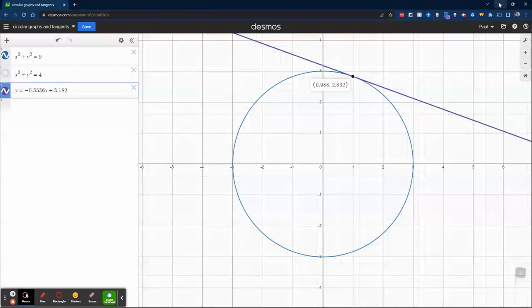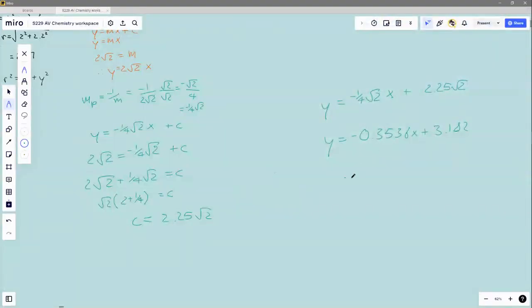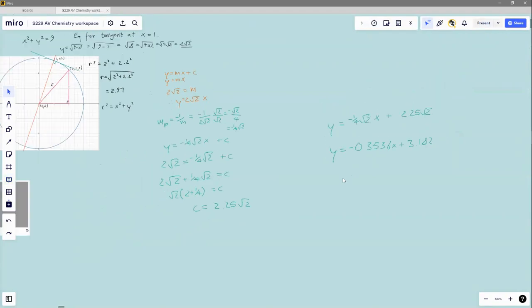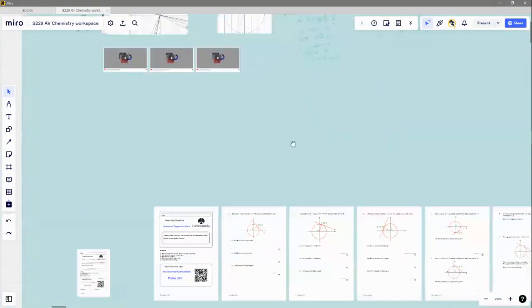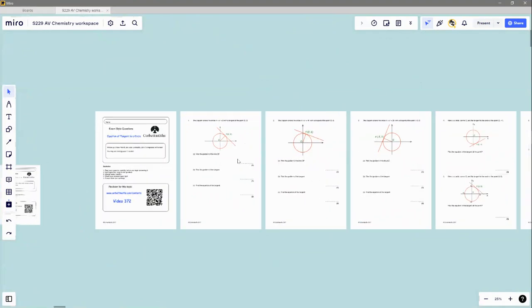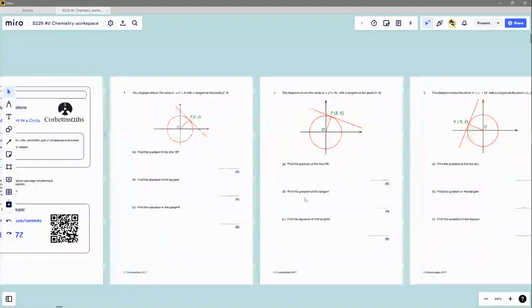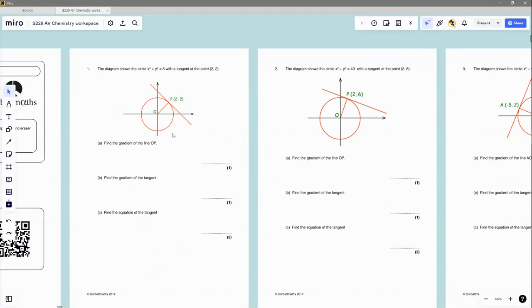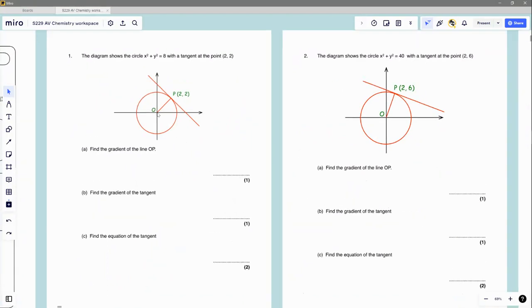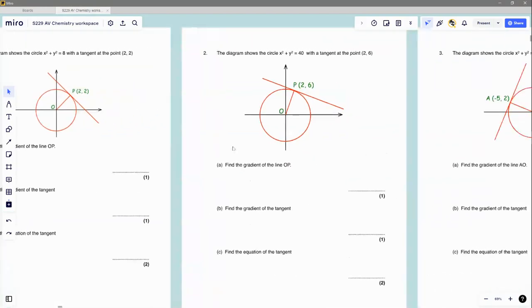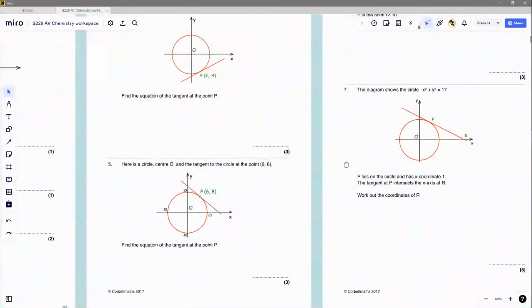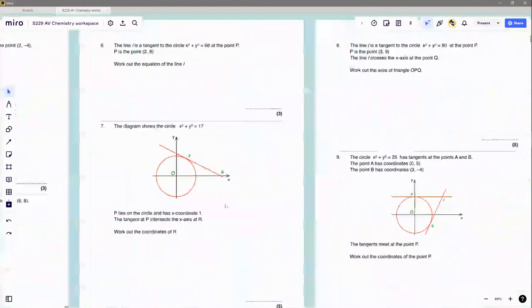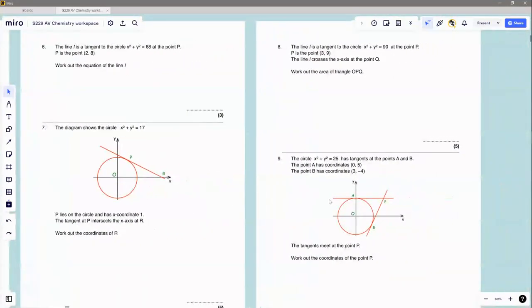So that is how to do an equation of a tangent. One of the harder things that you're going to get to do in maths. We do have down here a bunch of questions on the equation of a tangent. As you can see, they've helped you out by putting the line from the center point first. Just skipping ahead, they're pretty much all there.